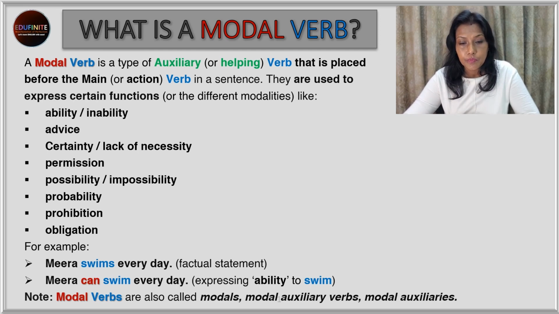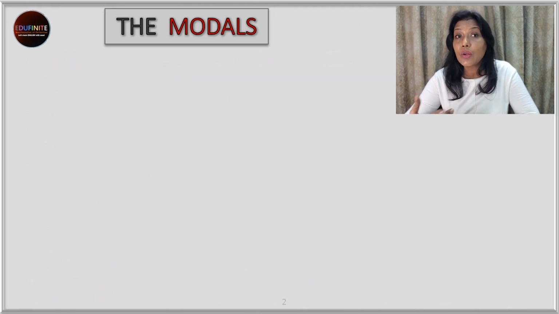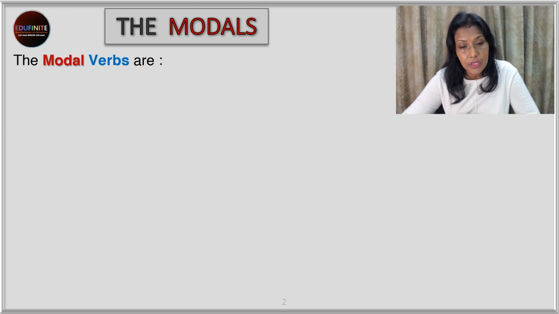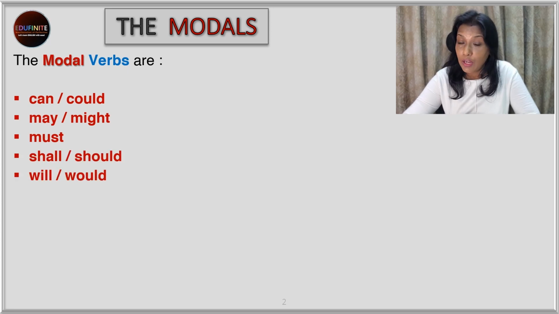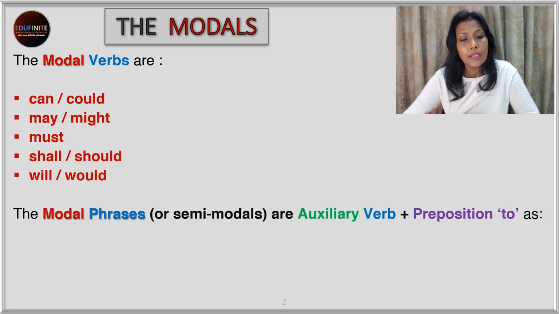Now, let's look a little deeper. Let's look into their names. What are the modals? The modal verbs are can or could, may or might, must, shall or should, will or would. Now, these are the modal verbs.